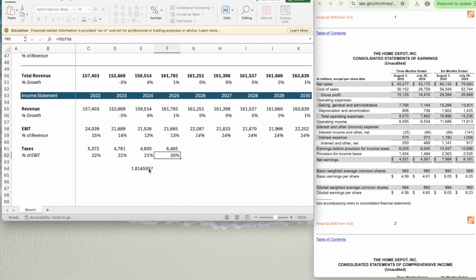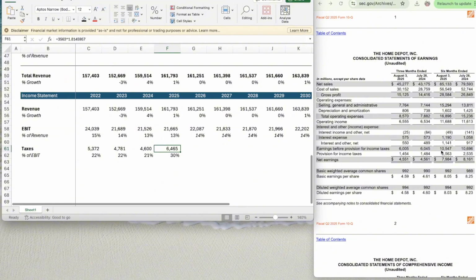Oh, we didn't need to go all that way, but there we go. That can't be right. No, because I've got it wrong. I think it was 1.81. No, so it's 2563. Sorry, guys. There we go. See, that looks better.